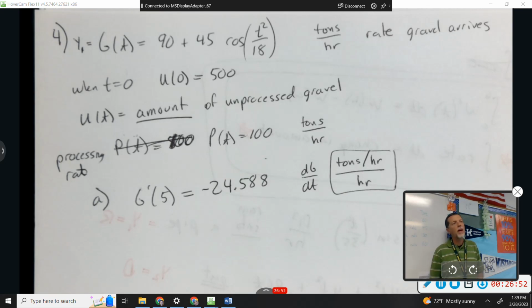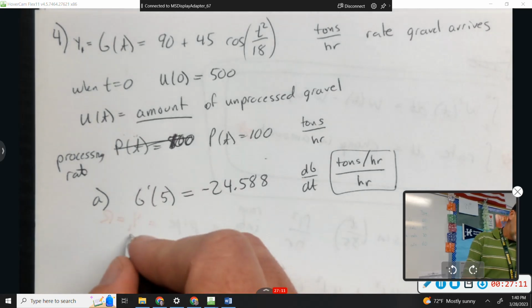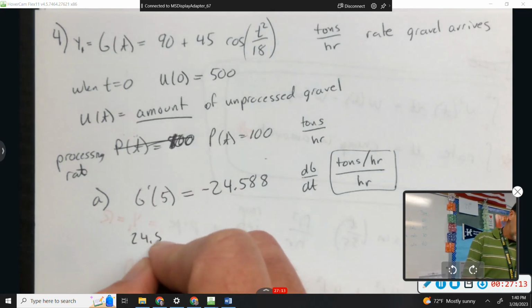Either one would be okay. But I'm still not done. Using correct units, interpret your answer in the context of the problem. You shouldn't have squared that.